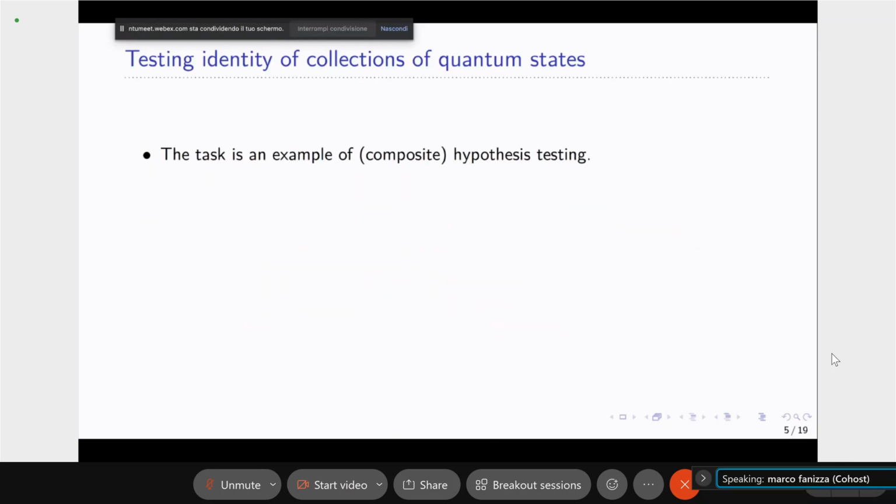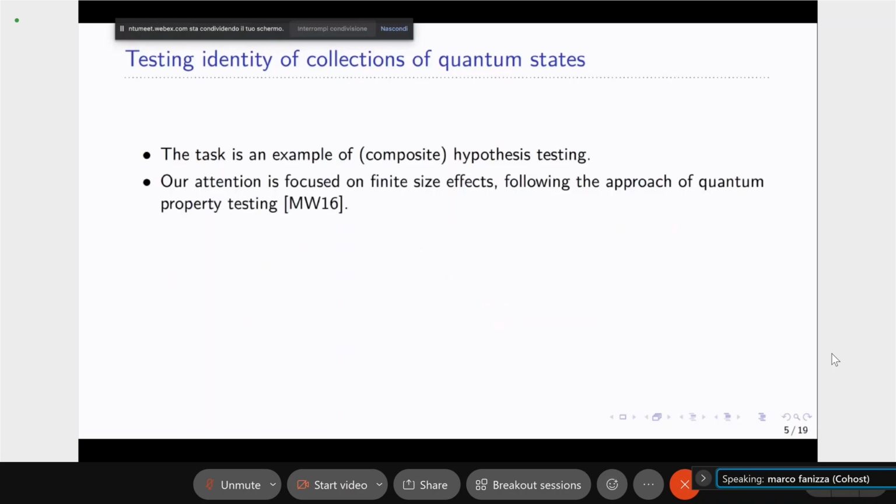Let me make some remarks here. So the task is indeed an example of composite hypothesis testing, where the states are promised to belong to one of two sets of states. But in this case, our attention is focused on finite size effects following the approach of quantum property testing. And in particular, we do not aim at optimizing the asymptotic error rate.